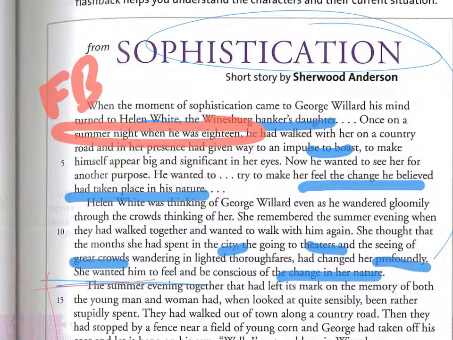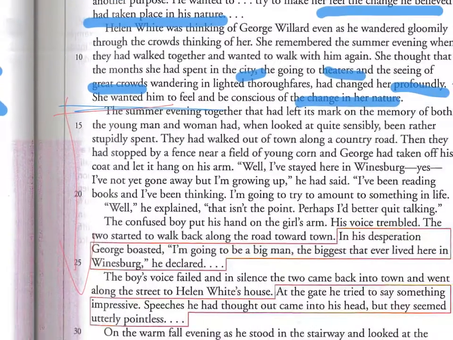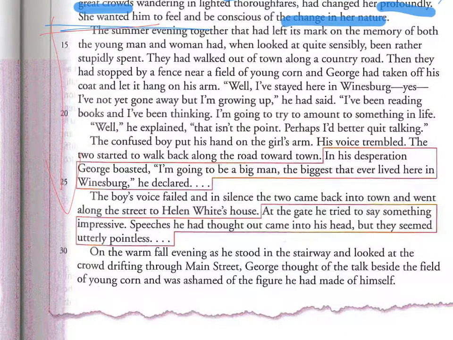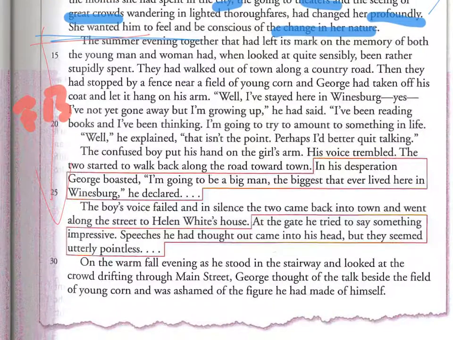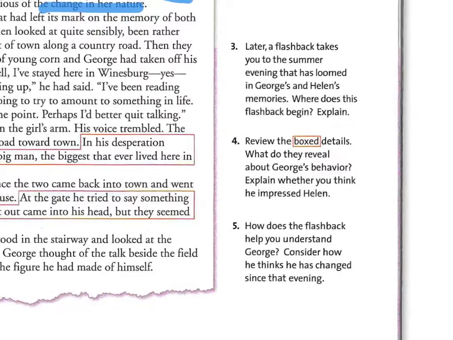Here he's thinking of it, he's remembering it, but I would say here is when he truly is, and they both truly are, flashing back. So the chronology is present, remembering the past, right? And now going back to the past, flashback.